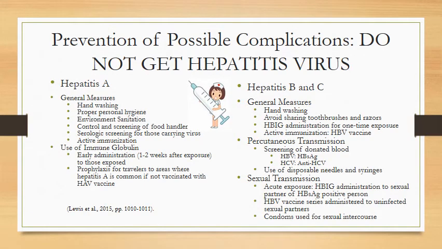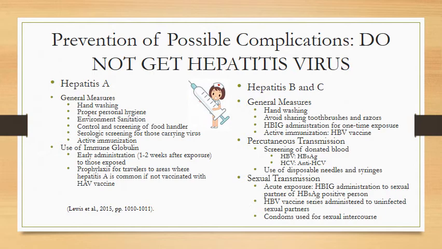Prevention of possible complications primarily would be to prevent getting the hepatitis virus. To prevent hepatitis A, general measures include hand washing, proper personal hygiene, controlling proper handling of food, and environmental sanitation.